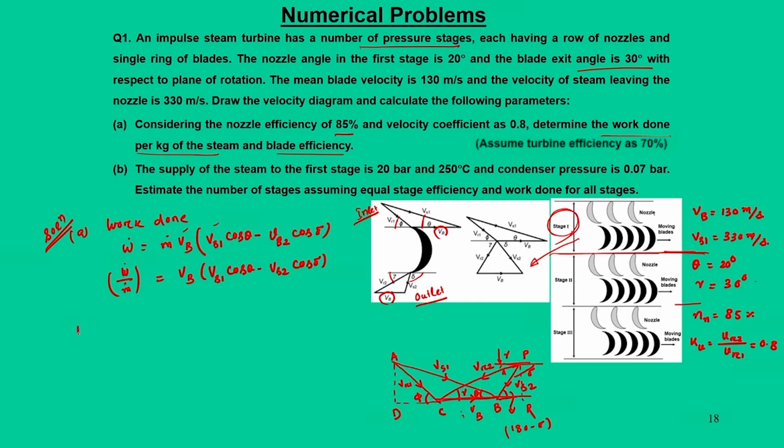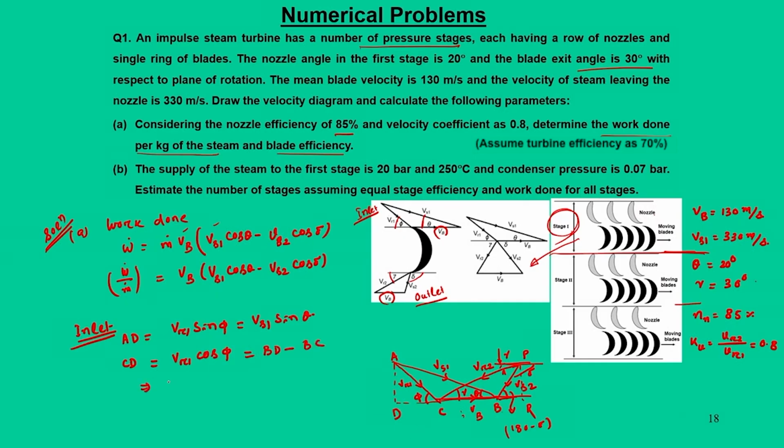So, let us concentrate on the inlet. In this inlet triangle, we write AD as Vr1 sin phi, that is equal to Vs1 sin theta, and similarly CD is equal to Vr1 cos phi, that is equal to BD minus BC.